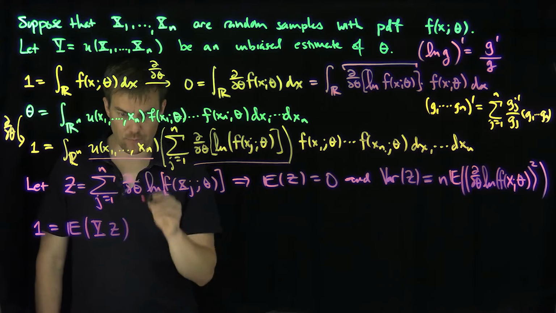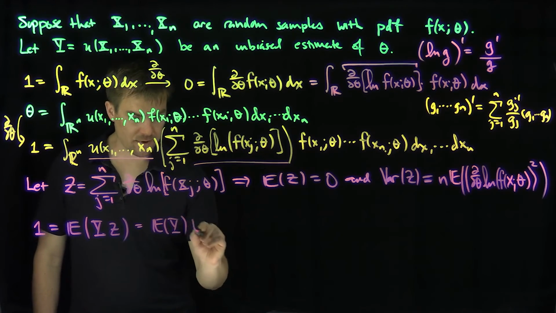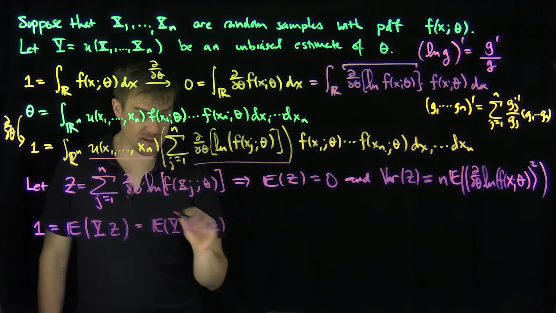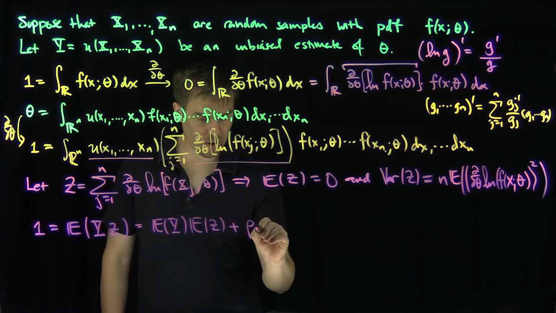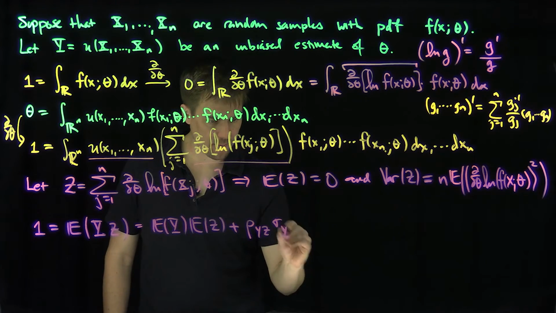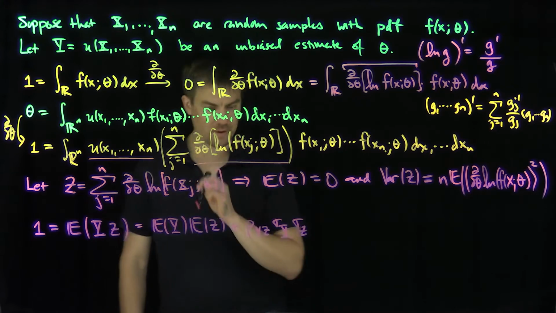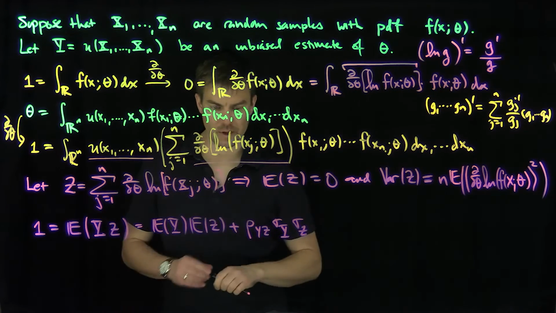Now, what is the expected value of y times z? That would be the expected value of y times the expected value of z, if they're independent, but they're not independent a priori, plus the correlation of y and z times the standard deviation of y times the standard deviation of z. So that's the expected value of a product in terms of the correlations.